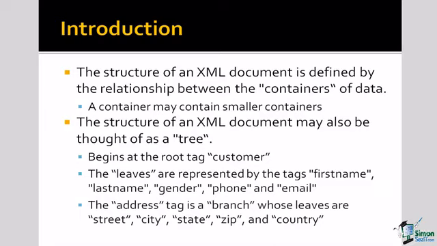The address tag, on the other hand, is referred to as a branch of the tree because it does contain child elements. And it is those child elements that are the leaves because they don't contain children elements themselves. They contain data: city, state, street, zip, and country.